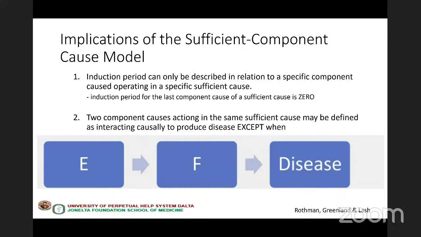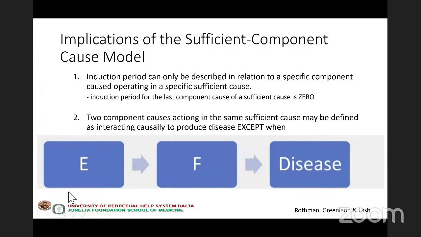Two component causes acting in the same sufficient cause may be defined as interacting causally to produce disease, except when E plus F produces the disease.